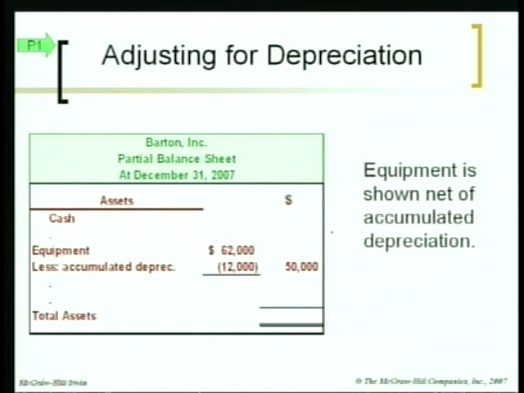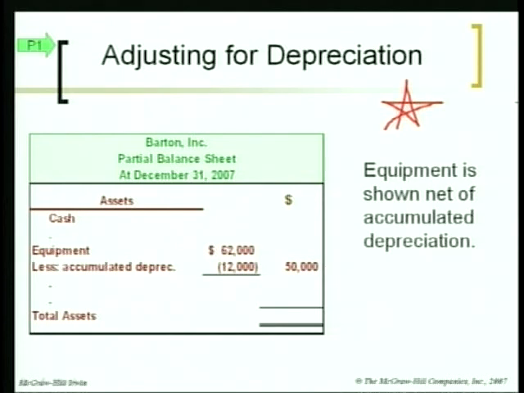This is very, very important. Here is a partial balance sheet. We list the equipment at $62,000, and when we make this depreciation entry, we do not decrease or credit equipment itself.